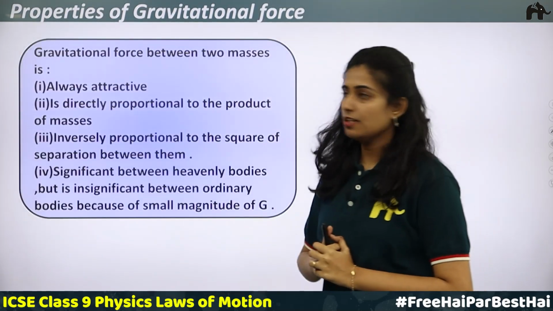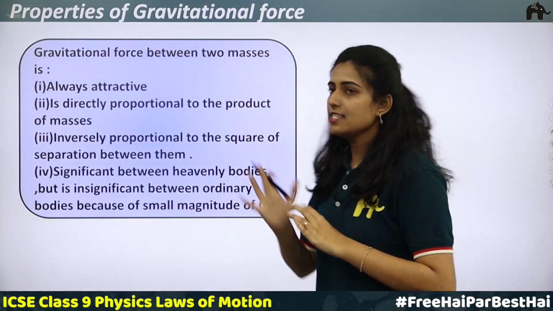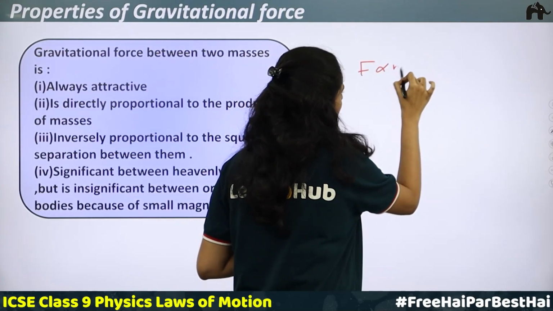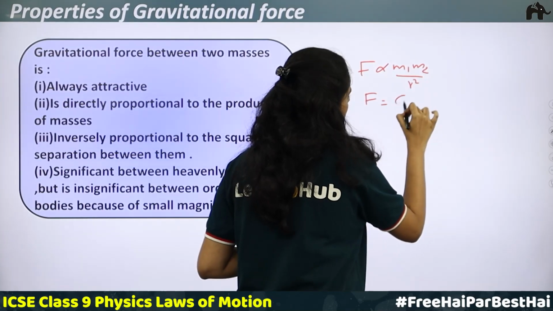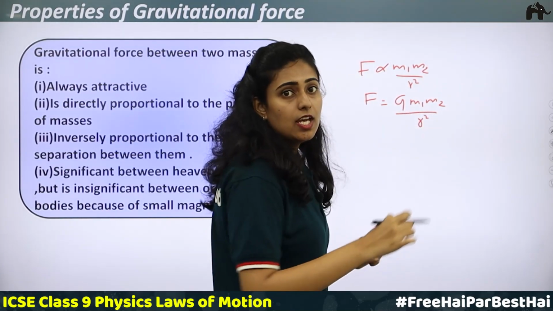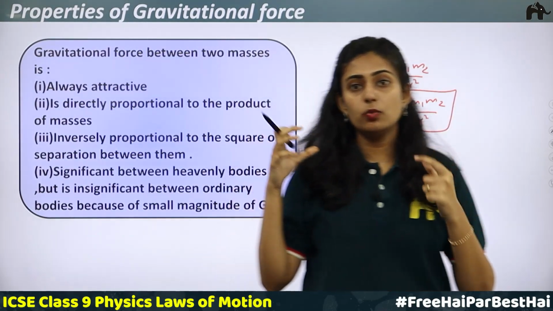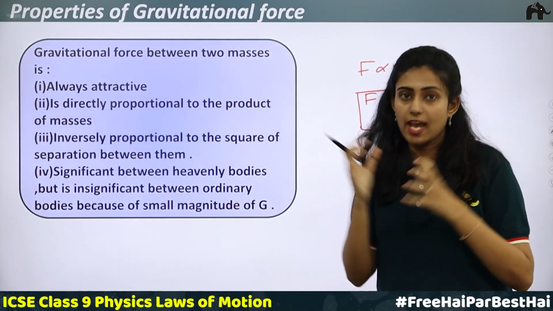Properties of gravitational force. Gravitational force between two bodies is, first point, always attractive. So we have F directly proportional to m1 m2 divided by r square, or F is equal to G m1 m2 divided by r square. This gravitational force is acting between two masses, and this force is always attractive.